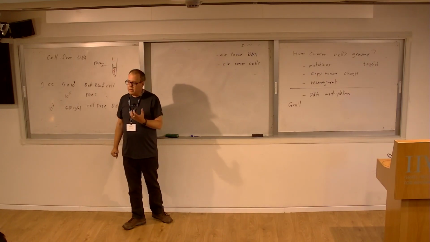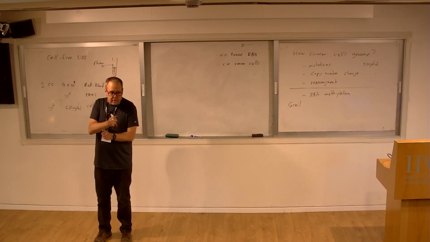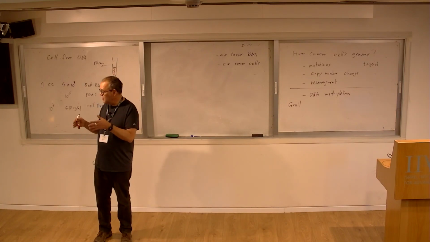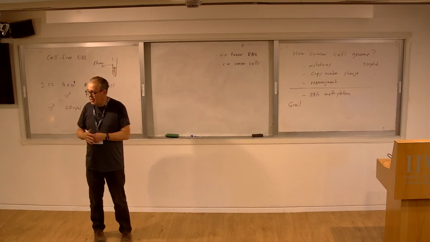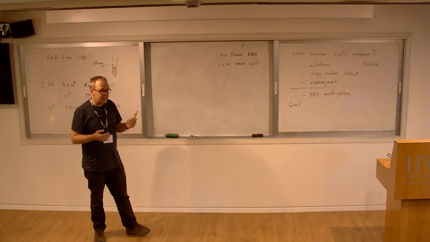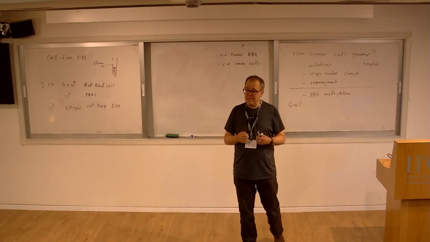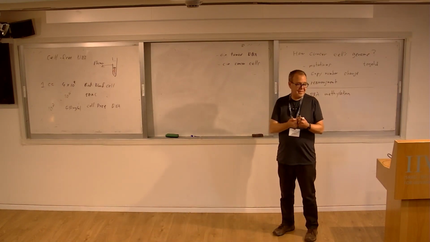The point is that they're not eating all the DNA, they're cutting a sufficient amount in order to make the DNA soluble. So in order to understand cell-free DNA, we have to think for a second about what this substrate is that it's cutting.